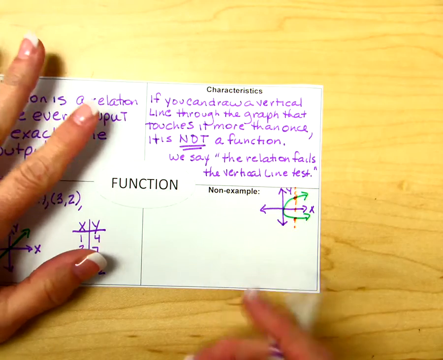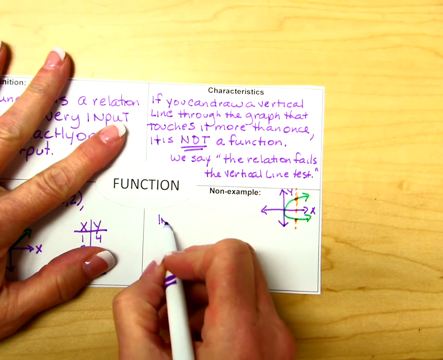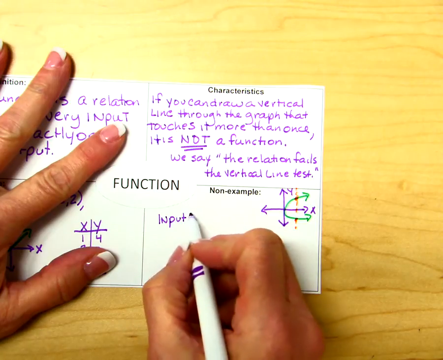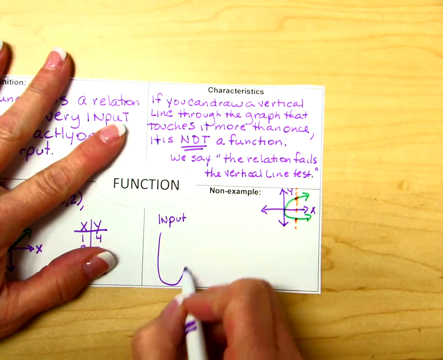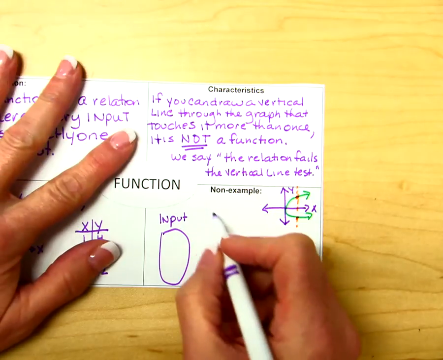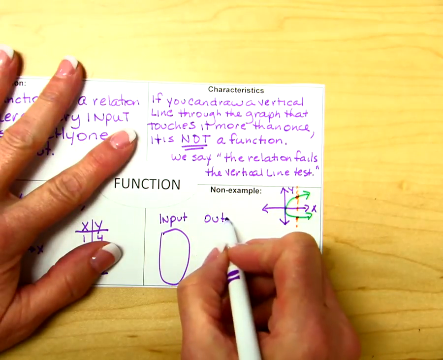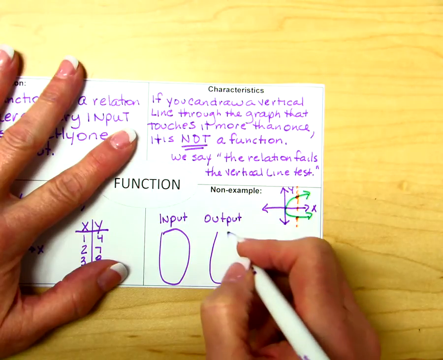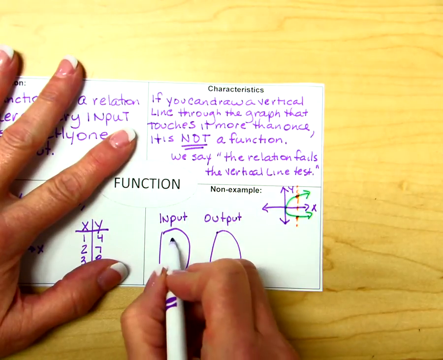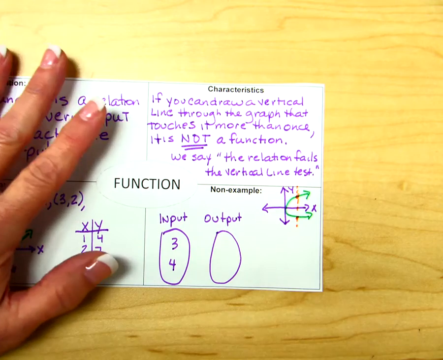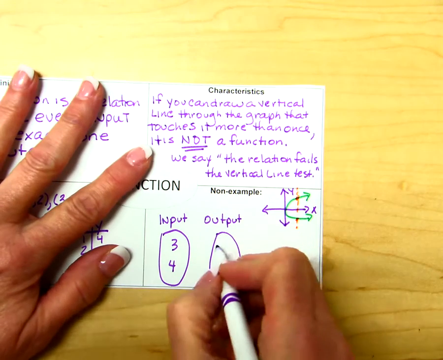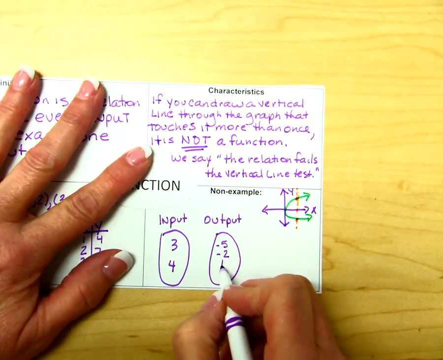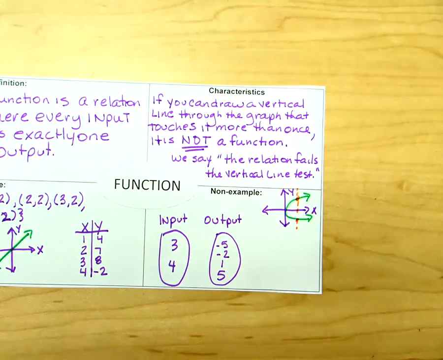Another way that we could see that it's not a function is that maybe we have a mapping, which could be a list of ordered pairs, or it could be in a table form. But here we have this input of 3 and 4. And we have output of -5, -2, excuse me, 1, and 5.